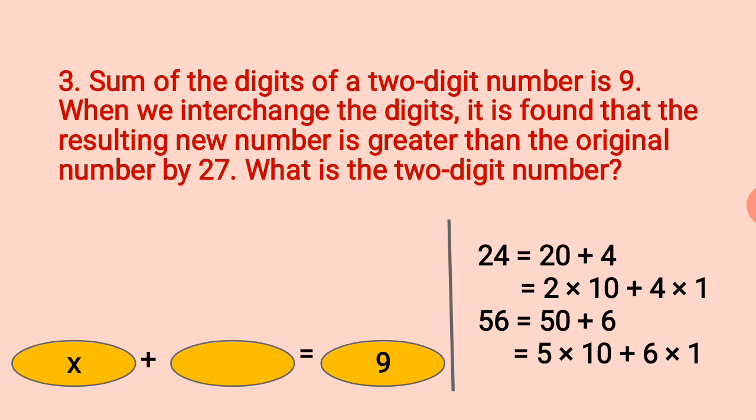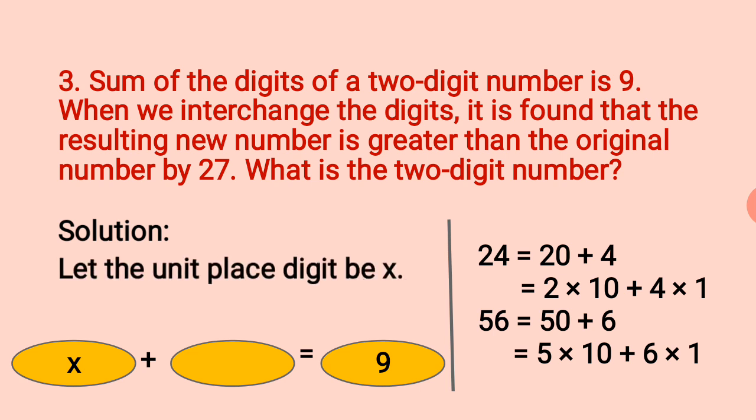Initially, let us begin with 1 digit. So the solution starts as: let the units place digit be x. So there are 2 digits. Say if it is 24, in the ones place we have this x. That is how the units place or ones place is x. Now the sum of the two numbers is 9.